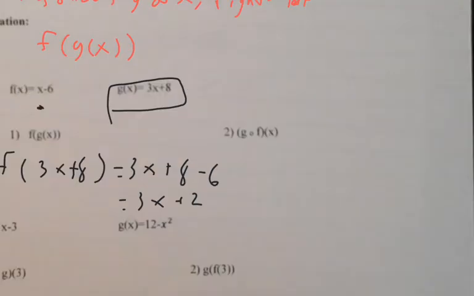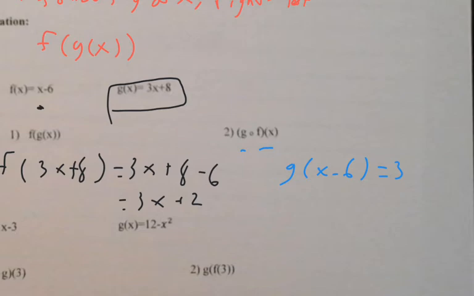Alright, now notice, switched it up. Now it's g of f of x. So what are we looking for? We're looking for g of f of x, which is x minus 6. And that equals 3 times x minus 6 plus 8.